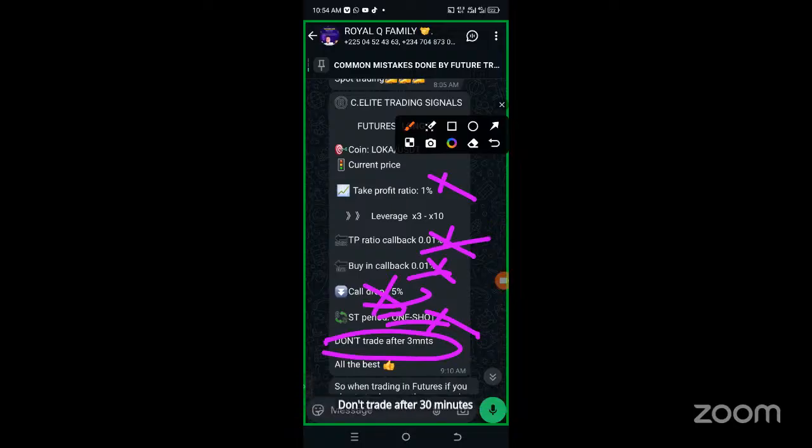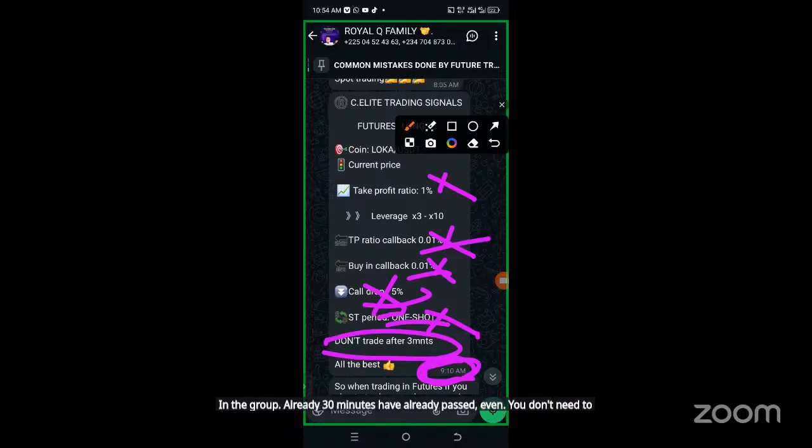This signal was sent at 10 minutes past 9. If you look at the time right now, it is 54 minutes past 10. It means the signal has already taken some time in the group. Already 30 minutes have passed even.